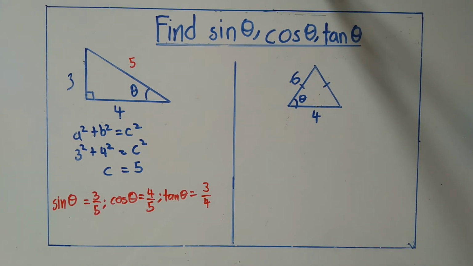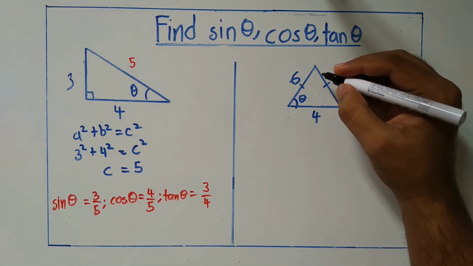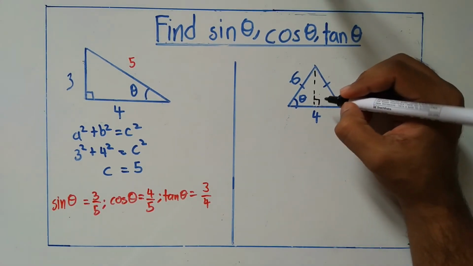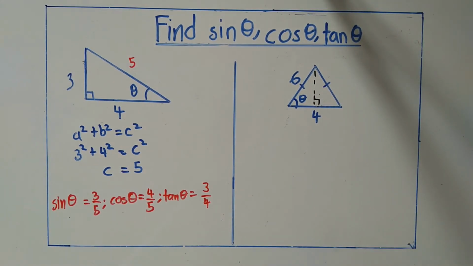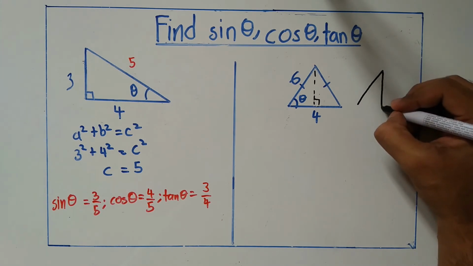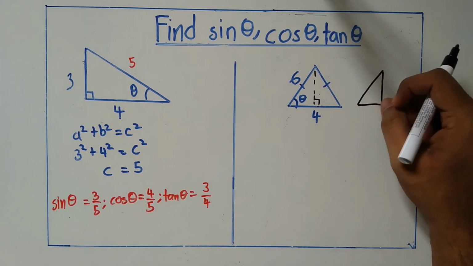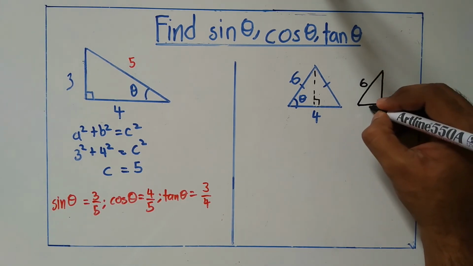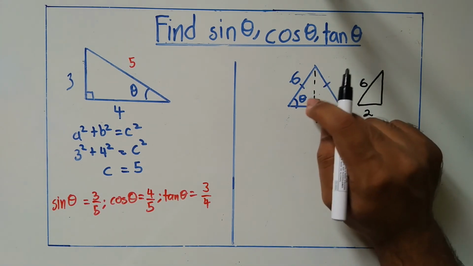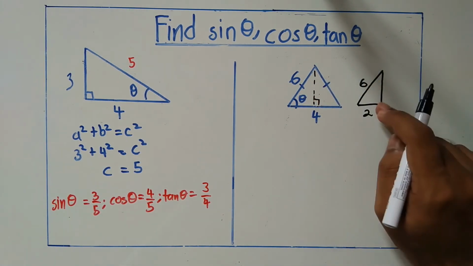In the next example, we have an isosceles triangle but not a right angle triangle. We can solve this by bisecting the base to create two right angle triangles. Then take one of these triangles and we notice that one side is missing a value. Bisect the base 4 and we get 2 here.